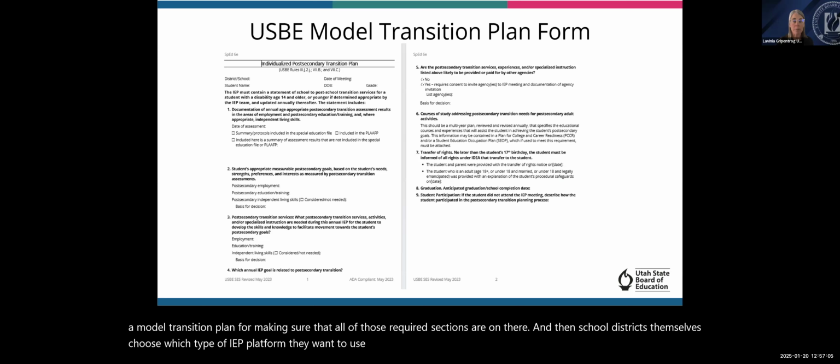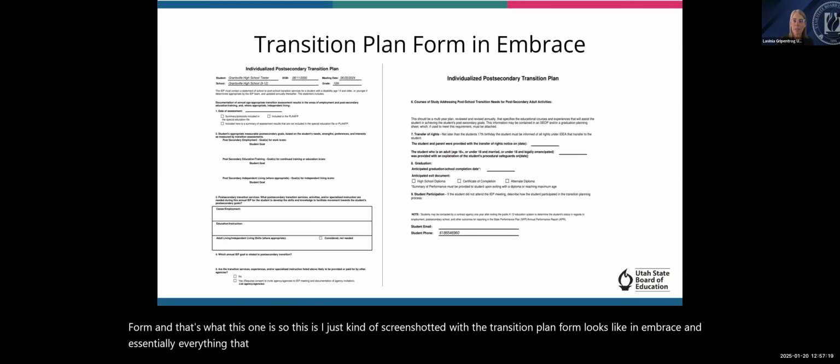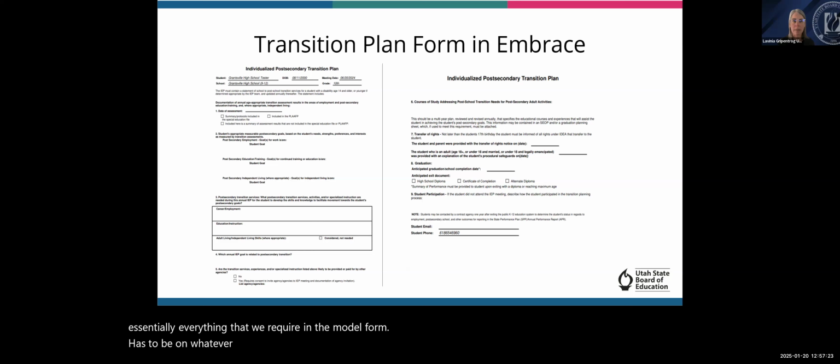So many of you are probably using Embrace, which is a pretty popular form, and that's what this one is. I just screenshotted what the transition plan form looks like in Embrace, and essentially everything that we require in the model form has to be on whatever platform your school or district has adopted.